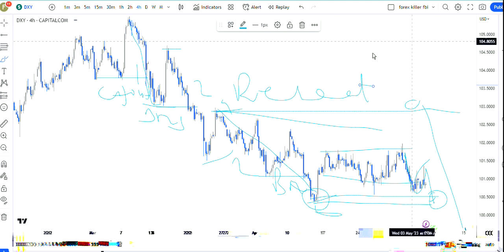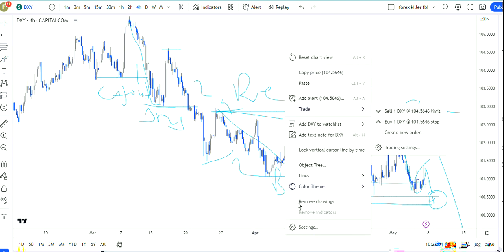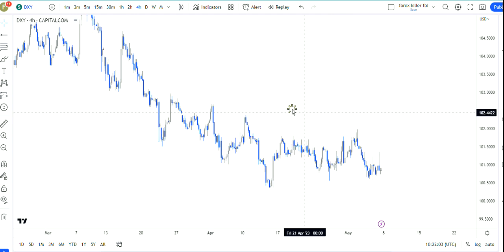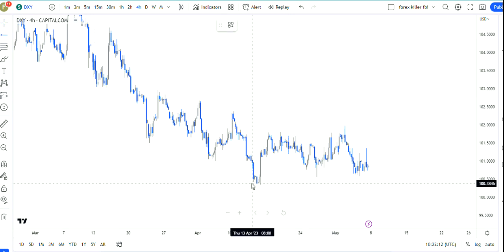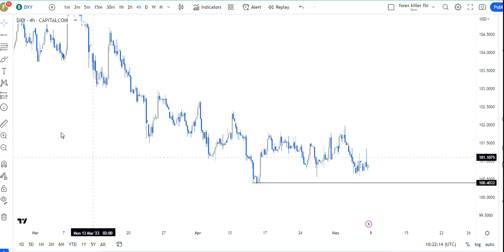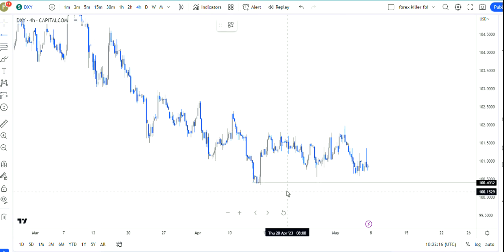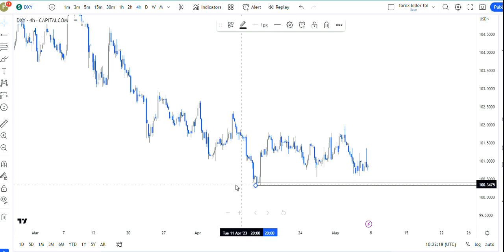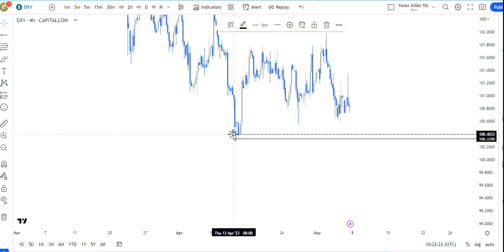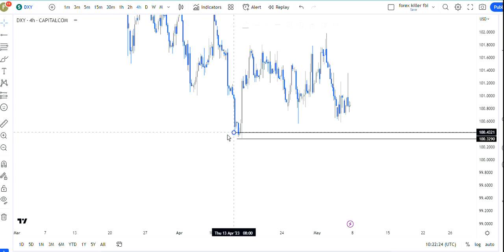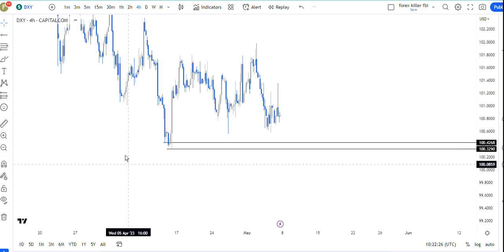So I see that next week DXY will be having this move around here. The upcoming move will be around this area. We have engineered liquidity around here. This price is engineered here.